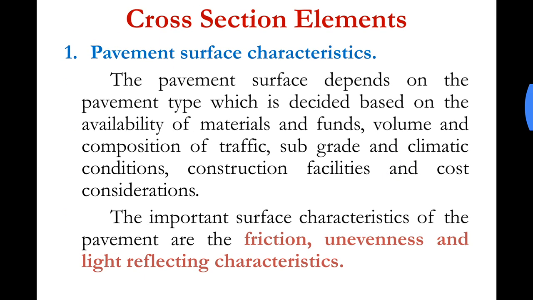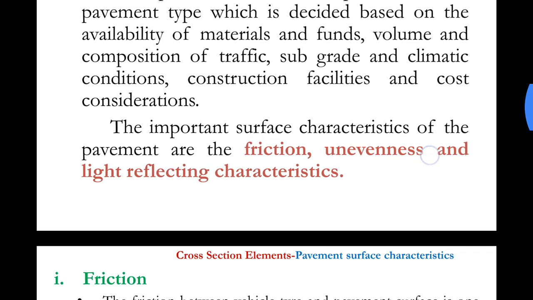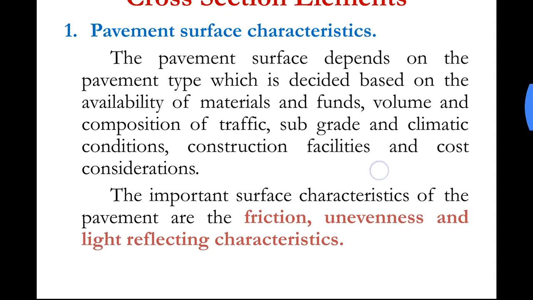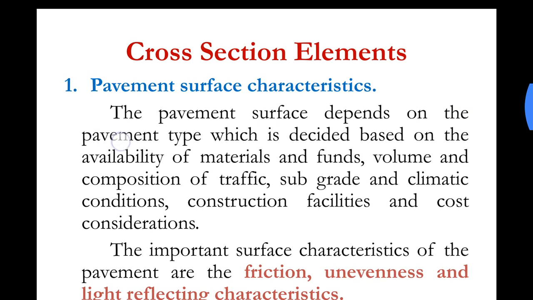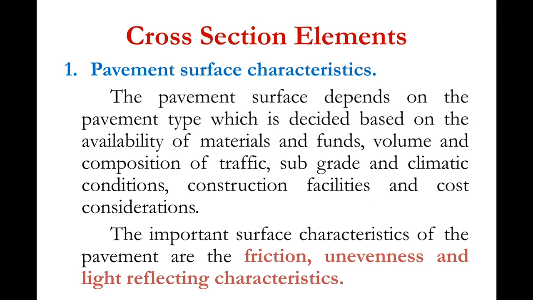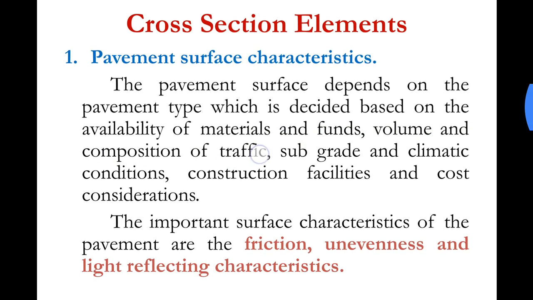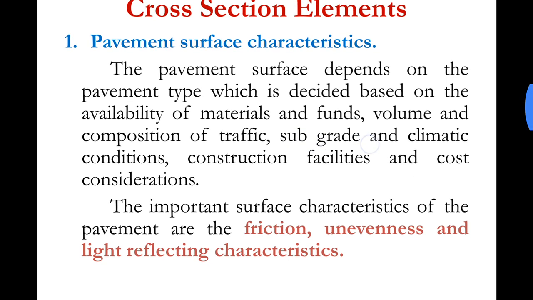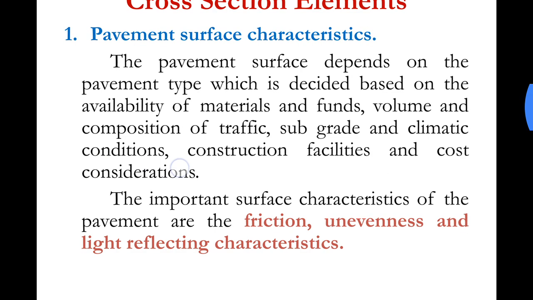Now the first cross-sectional element that we need to discuss is pavement surface characteristics, under which we have three topics that we need to discuss, which is friction, unevenness and light reflecting characteristics. The pavement surface depends on the pavement type, which is decided based on the availability of materials and funds, volume and composition of traffic, subgrade and climatic conditions, construction facilities and cost considerations.